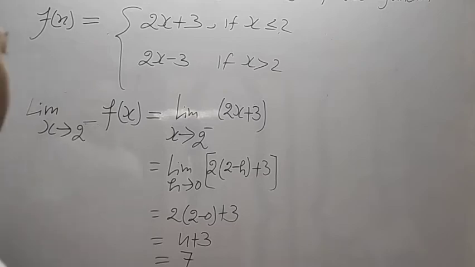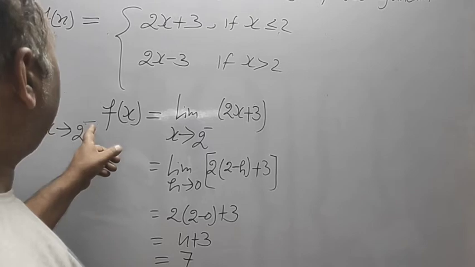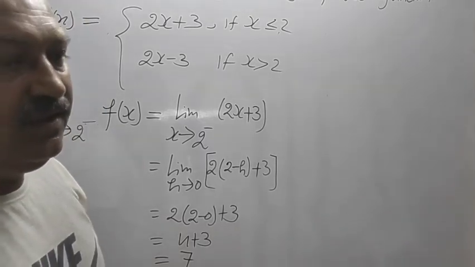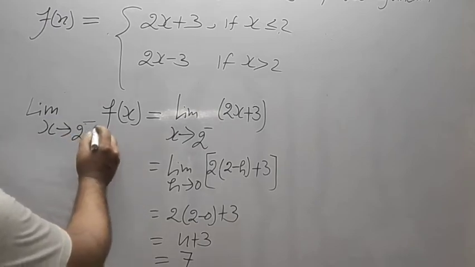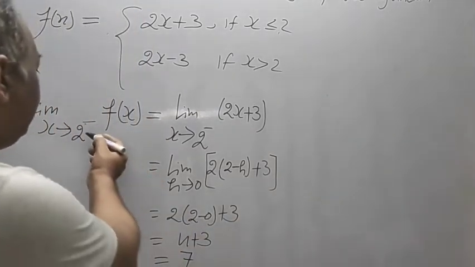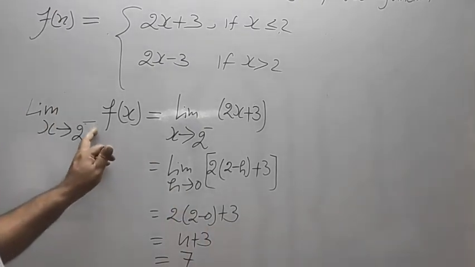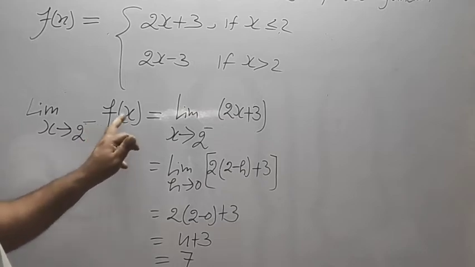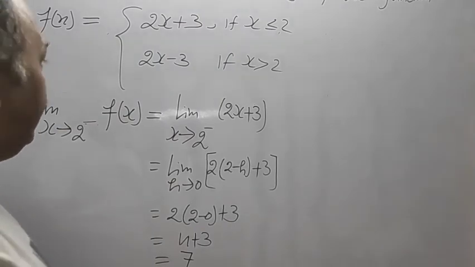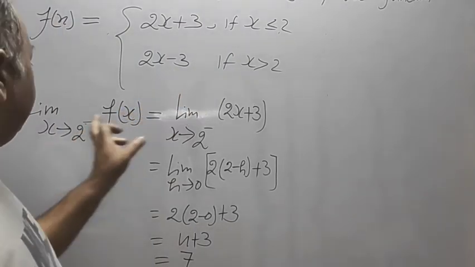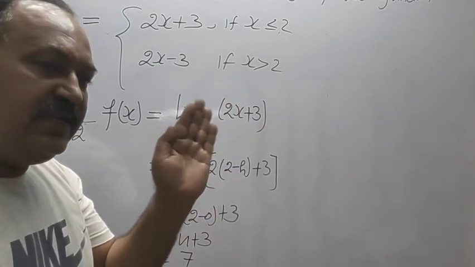अब बच्चों हम कंटिन्यूटी चेक करने के लिए या डिसकंटिन्यूटी चेक करने के लिए अब हमें लेफ्ट लिमिट की भी जरूरत है। तो यहीं से ही अब लेफ्ट लिमिट निकाली गई है। लिमिट ऑफ x अप्रोचेस टू 2 माइनस, दिस इज द लेफ्ट लिमिट ऑफ द नंबर 2 f ऑफ x। और 2 माइनस के लिए जो फंक्शन है वो आपको 2x प्लस 3 लेना होगा। क्यों? क्योंकि x is less than 2. 2 minus means x is not equal to 2, but it is slightly less than 2.